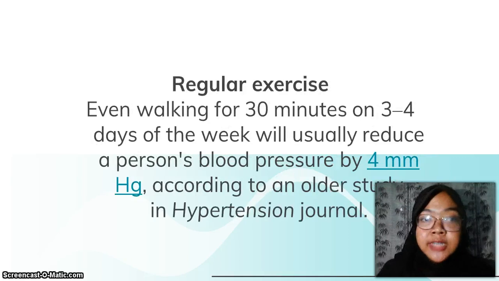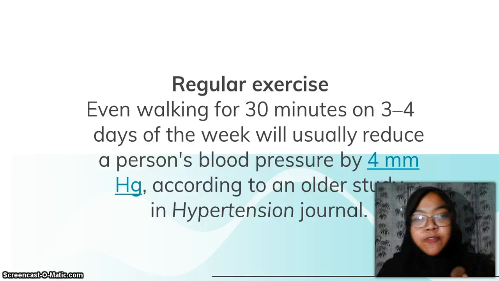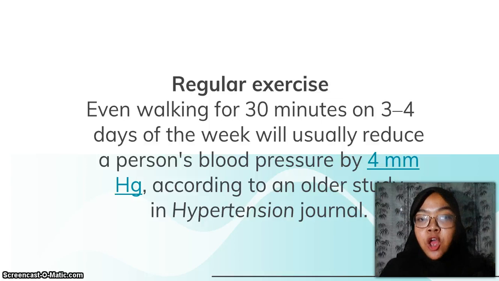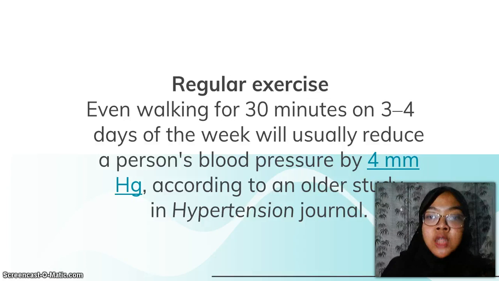Regular exercise, even walking for 30 minutes on 3 to 5 days of the week, will usually reduce a person's blood pressure by 4 millimeters of mercury, according to an older study in the Hypertension journal.